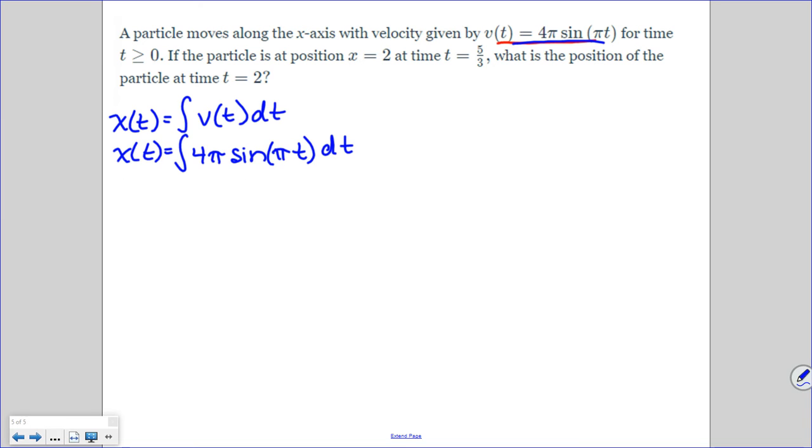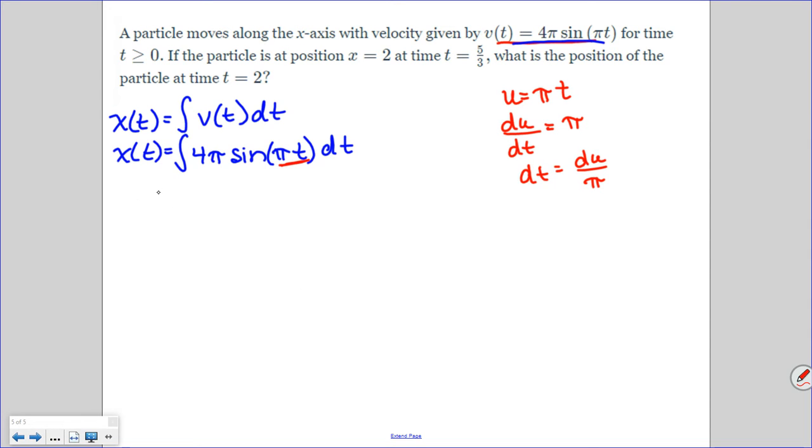Now this one I might want to use u substitution because it's not just a t right there. So I'm going to let u be pi times t. That would mean du dt is pi. Solve that for dt: dt is du over pi.